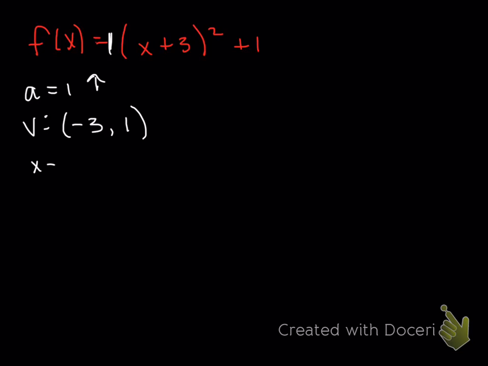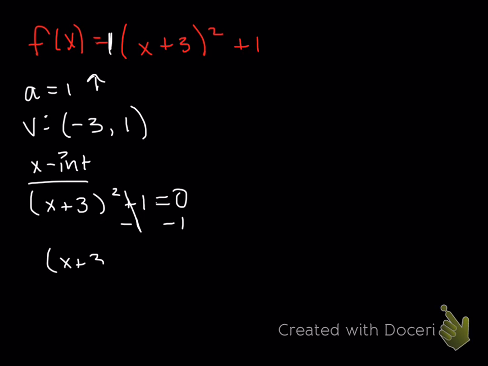So my x-intercepts, we're going to set this equal to 0. So I have x plus 3 squared plus 1 equals 0. So I'm going to subtract 1 from both sides. And here, at this point, I'm going to take the square root of both sides. So I get x plus 3 equals plus or minus i.